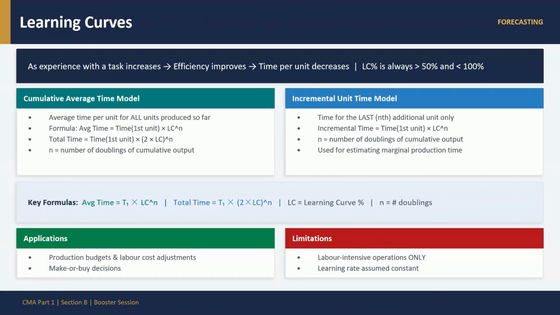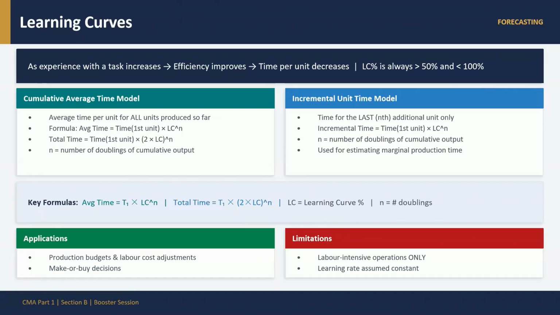Then moving on with the learning curve percentage of 100%. If it is 100%, what does it say? When you're producing the second product, you're using the complete 100% of the time. And that is also not practically possible. Once we gain experience in a work, the second time we do the same work, we'll gain efficiency. We will consume less time. But a 100% learning curve says we are not consuming any less time than the time we initially took.